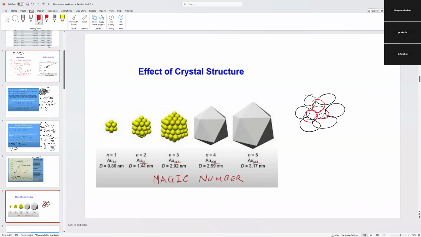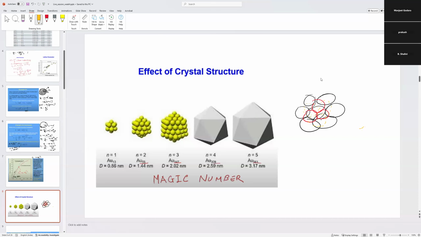Underneath this dashed circles, there are three atoms sitting underneath this layer.